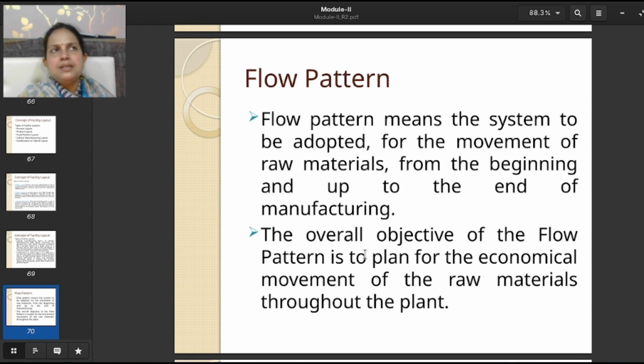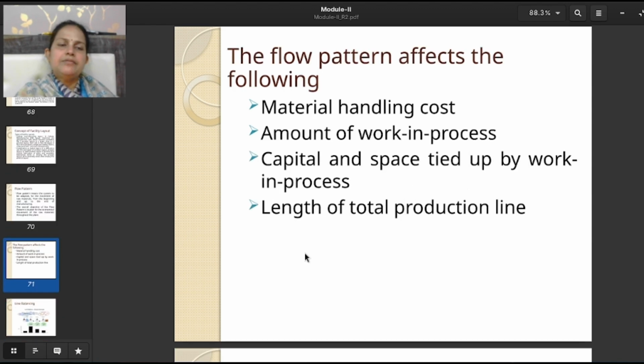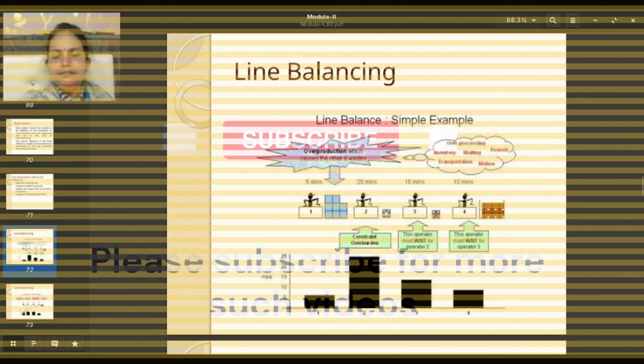So the overall objective is to minimize the cost, minimize the waste so that we can increase the efficiency of the production system. The flow pattern affects the following: material handling cost, amount of work in progress, capital and space tied up by work in process, length of total production.